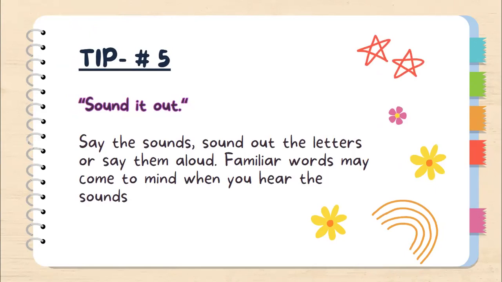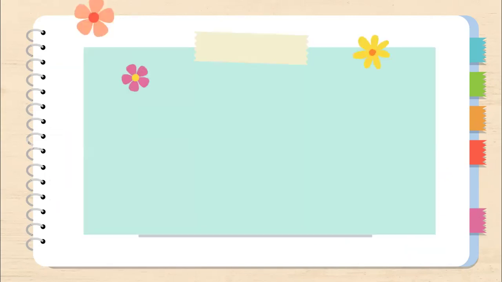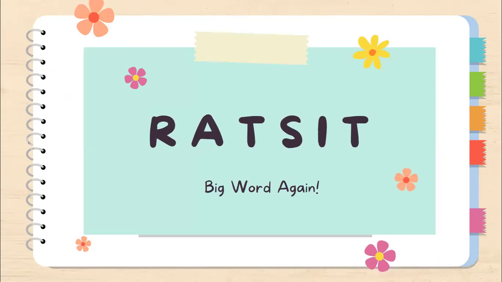Tip number 5, sound it out. To get a word, you must also recognize the sounds of the letter in that word, right? Similar words might come to mind if you get the sounds of those letters. Big word again.